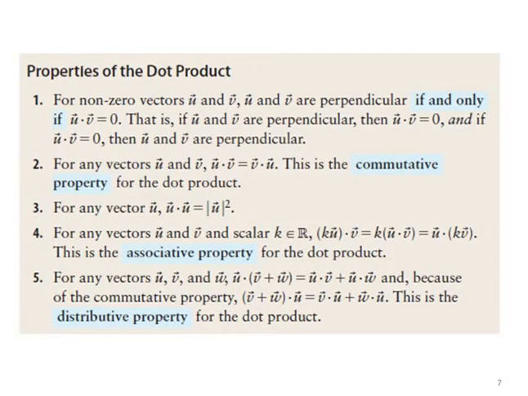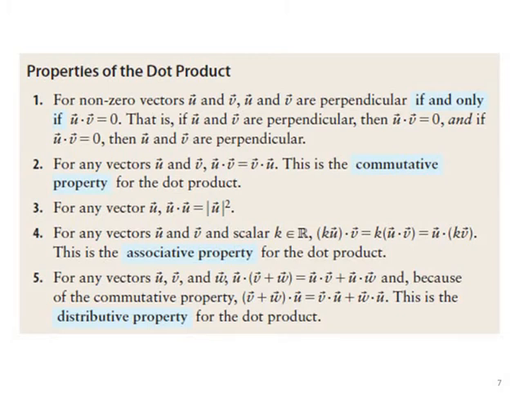Let's see the properties of the dot product. 1. For non-zero vectors u and v, u and v are perpendicular if and only if u dot v is 0. That is, if u and v are perpendicular, then the dot product of u and v is 0. And if the dot product of u and v is 0, then u and v are perpendicular. 2.